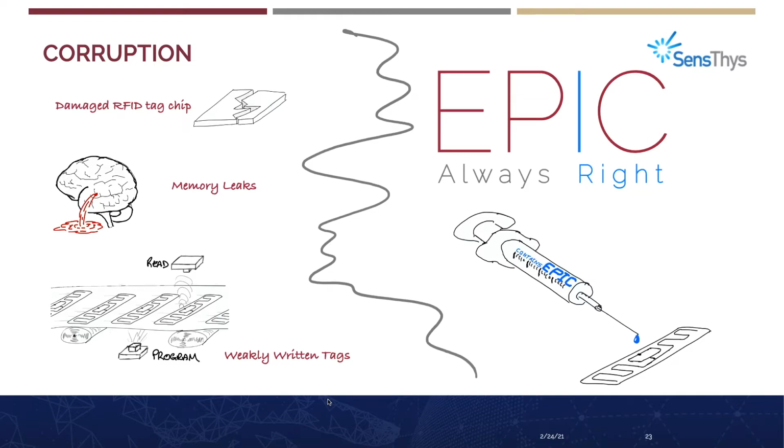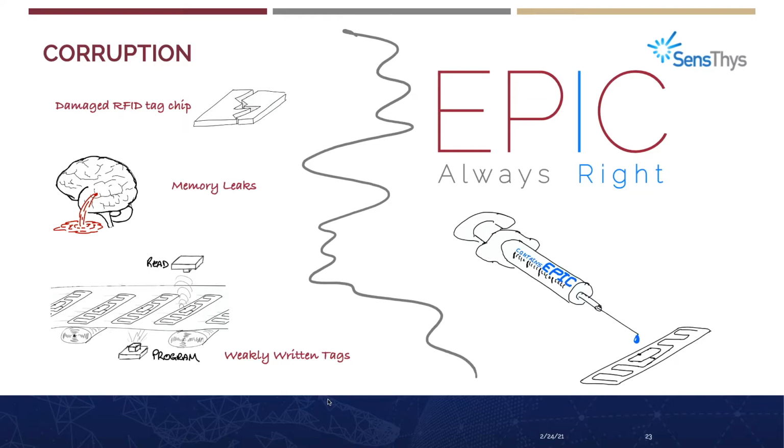If the hole's too big, it's a memory leak, and the charge basically drains away and you read the incorrect value. That can happen for a variety of reasons. Tags naturally will do that over time. It can be something called infant mortality in chips when you first get them, but it can also manifest itself almost at any time during the lifetime of a tag.